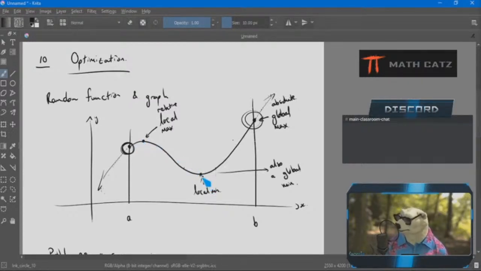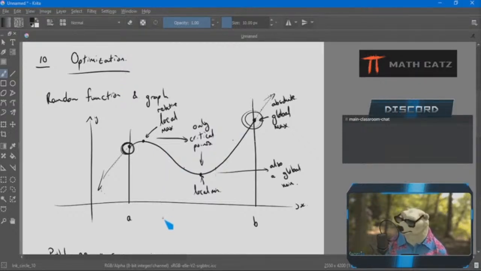And that's only going to be critical points. These will always be critical points, or endpoints. It doesn't matter how it behaves. If it's not a critical point or an endpoint, it cannot be a maximum or a minimum of any kind. Only the endpoints have to be checked manually.